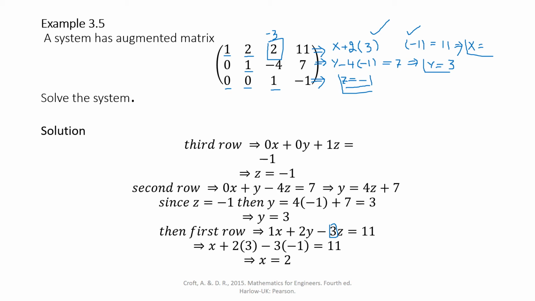I should write there. So now this is 2, 3, 6, and this is 3, 1, so 6 plus 3, 9, and 11 minus 9 is 2.